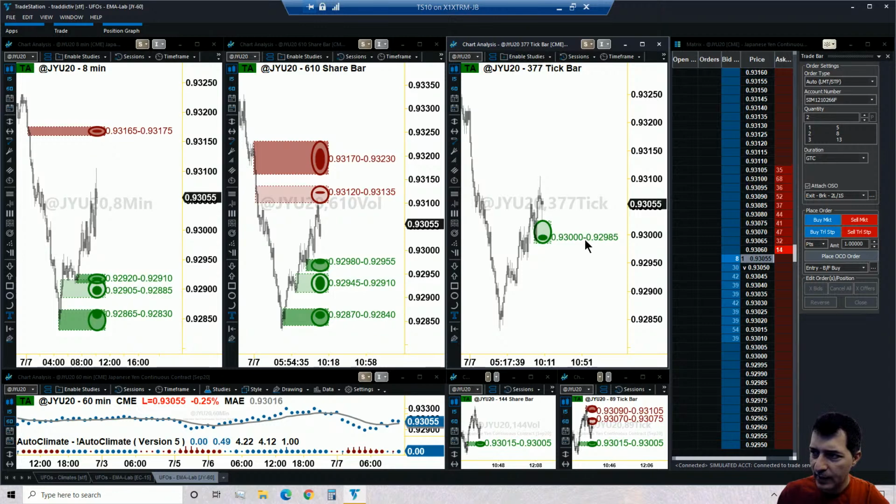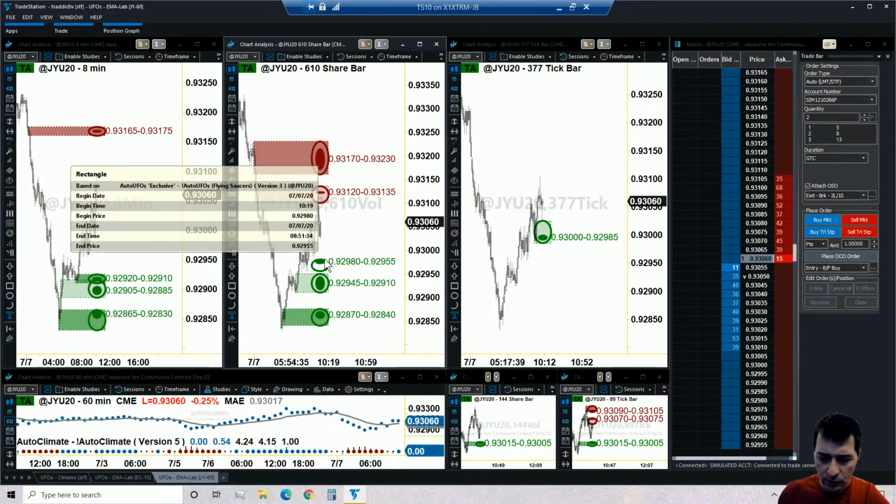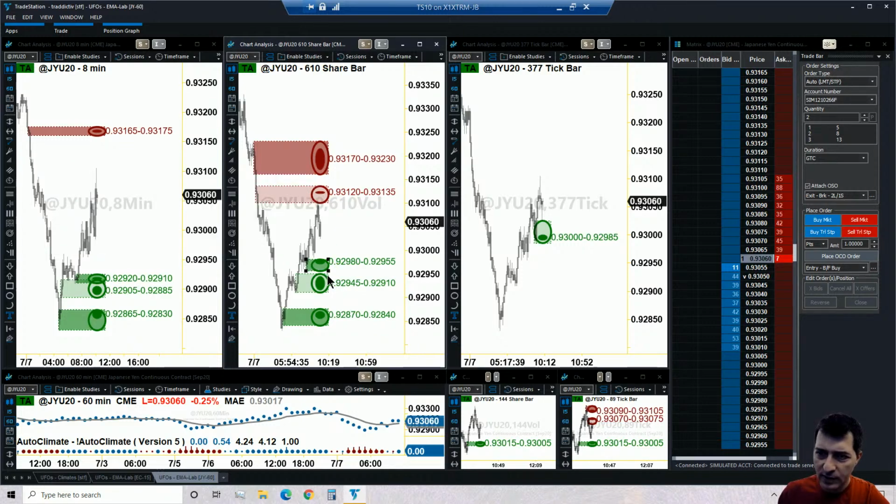Careful here, because that 98.5 is lining up with this one, which is 98, but that's where my stop would be, isn't it? So really it drops all the way to 95.5. And the next one, I'm just looking at overlapping UFOs.